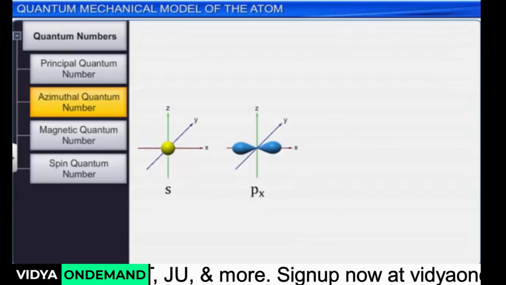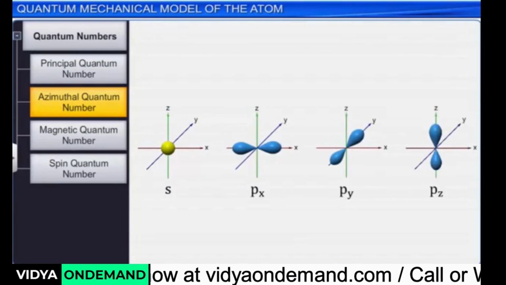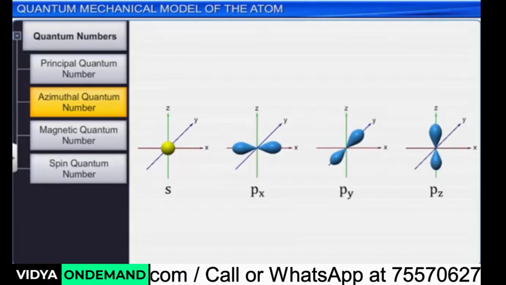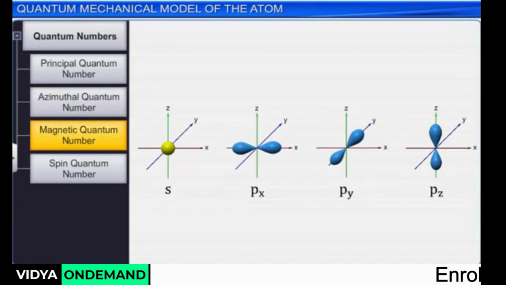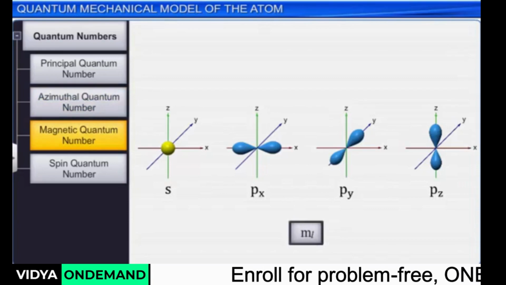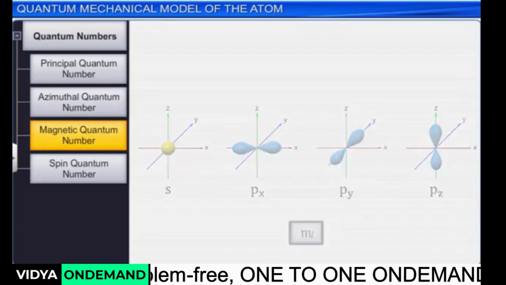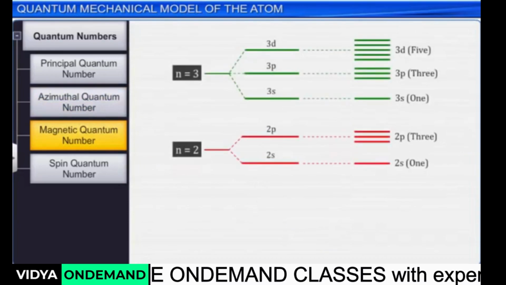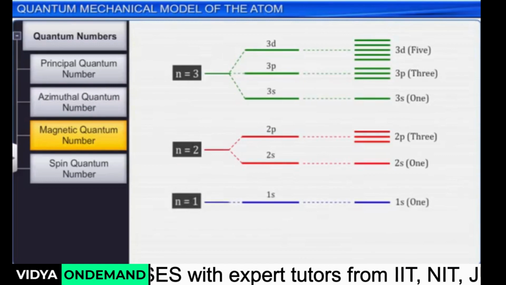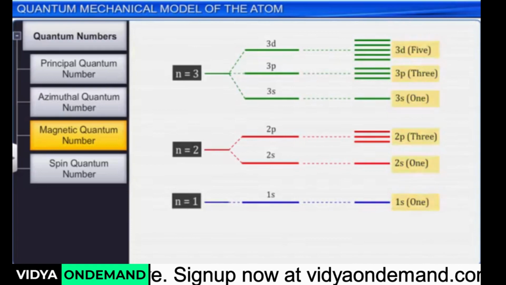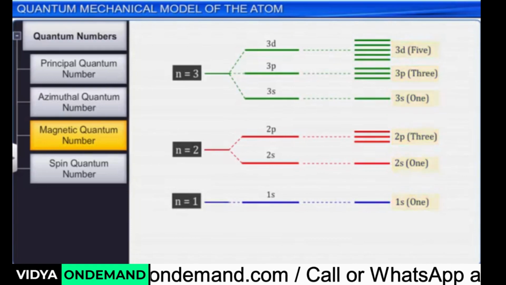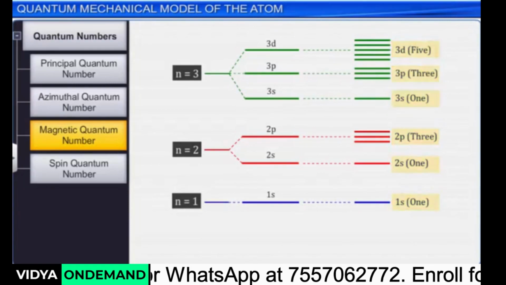The number of preferred orientations of electrons belonging to a subshell is given by another quantum number called the magnetic orbital quantum number, m_l. Each orientation corresponds to an orbital. Therefore, the magnetic quantum number helps to determine the number of orbitals within each subshell.